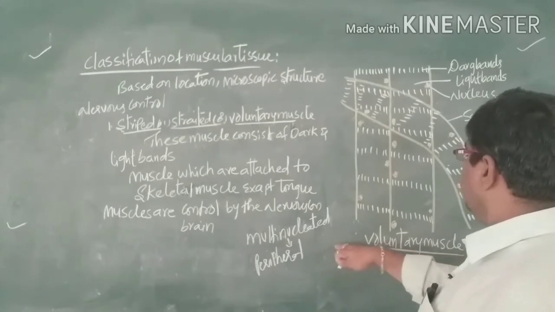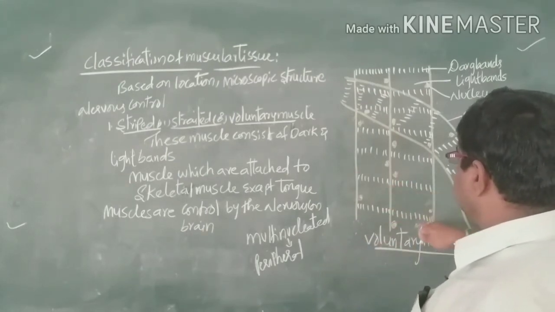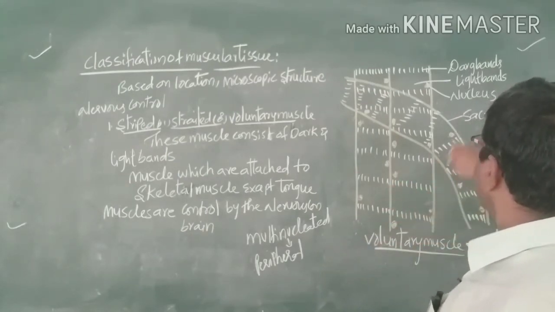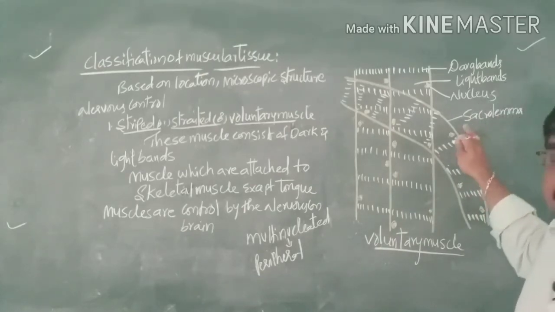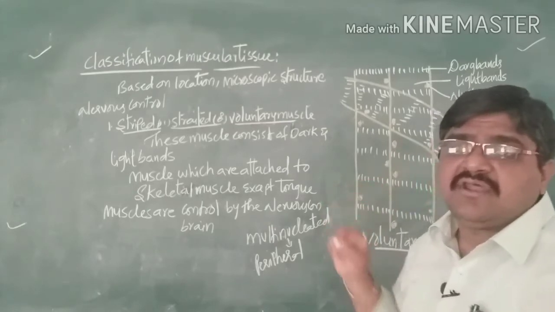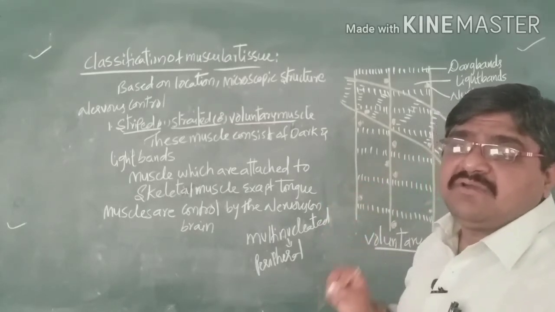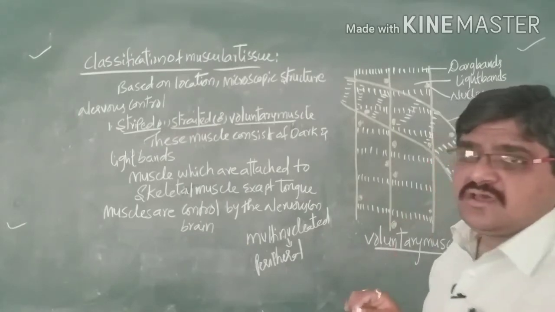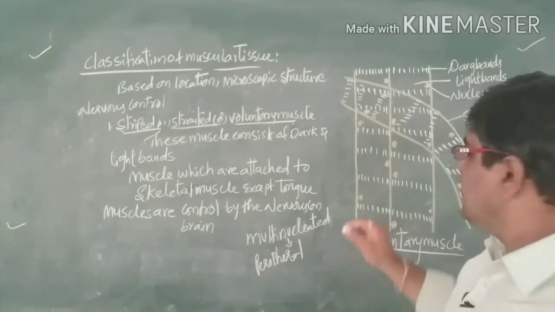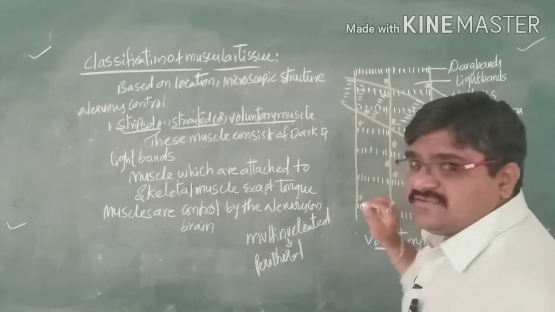Also there are dark bands and white bands, and the cell is surrounded by a thin plasma membrane, which we call the sarcolemma, and it also consists of dense cytoplasm.